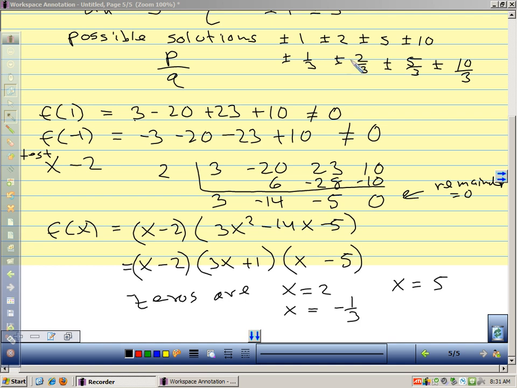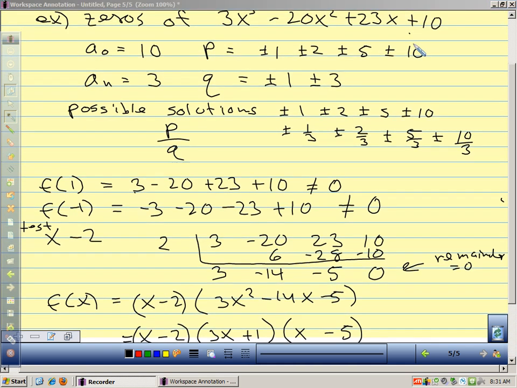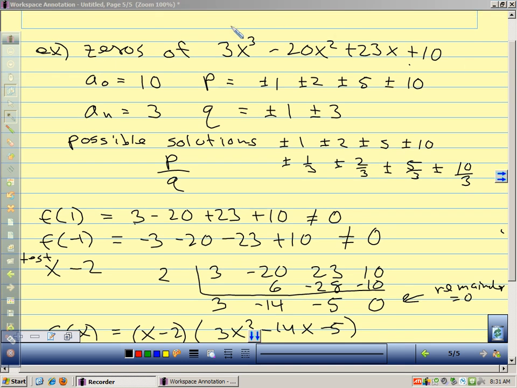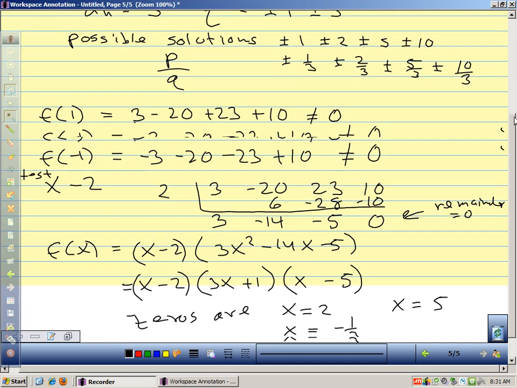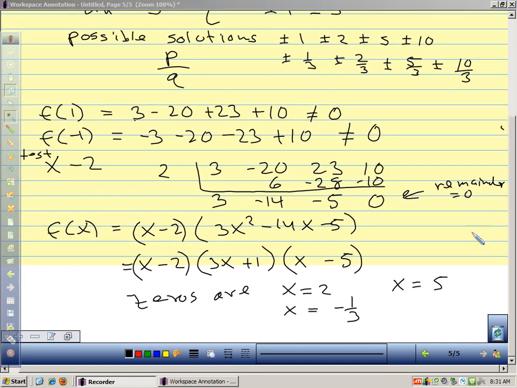Now, if you have a big polynomial, if you had a 5th degree or a 6th degree polynomial, or if you have a lot of factors, if these numbers, the a sub n and the a sub 0, are big, you could end up with a long list. Most of the problems that you're going to work on have a pretty short list, and they're pretty easy to test.